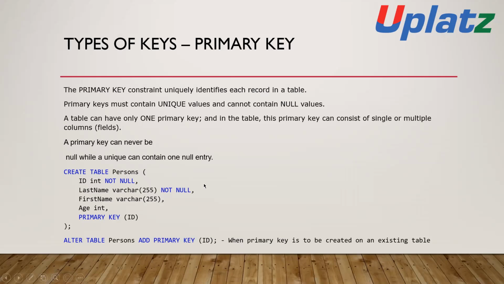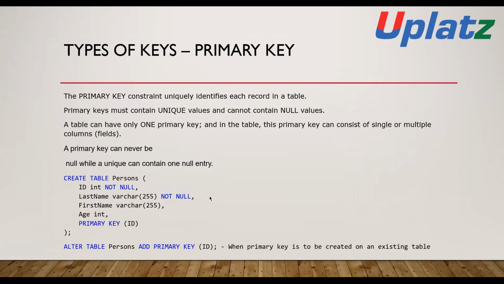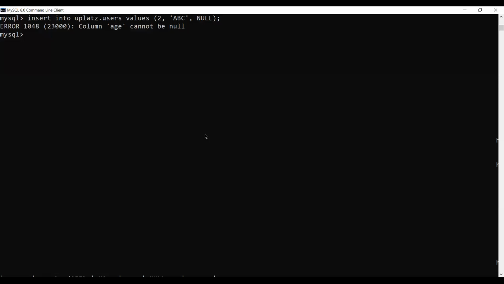Let's try to demonstrate this example and show it to you in the database. How does this work? Going back to the terminal. So we have our terminal here. We'll try to create the same table. Let's say uplatz.persons, and we will create our own ID to be integer, not null constraint. Then we have the last name as varchar 255.